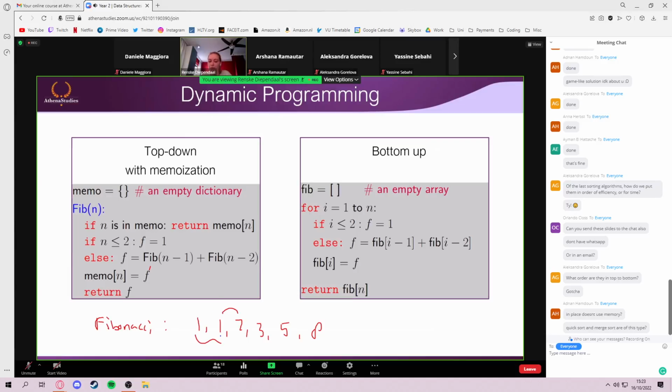So 1 plus 1 equals 2, 1 plus 2 equals 3, 2 plus 3 equals 5, 3 plus 5 equals 8, 5 plus 8 equals 13, etc. So if I want to calculate the Fibonacci of the nth digit of this sequence, let's say I want to calculate the 7th digit, then I'd need the 6th digit plus the 5th digit.